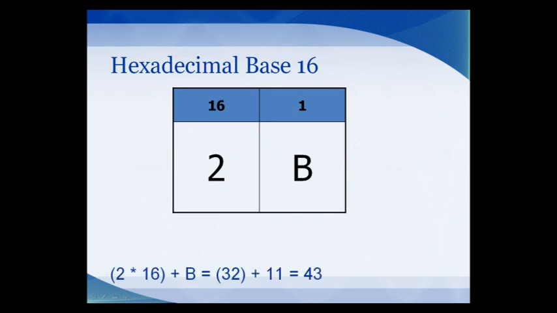We got 2 times 16 plus B, or 2 times 16 is 32, and B is 11. So 32 plus 11 is 43. So 2B in decimal is 43.